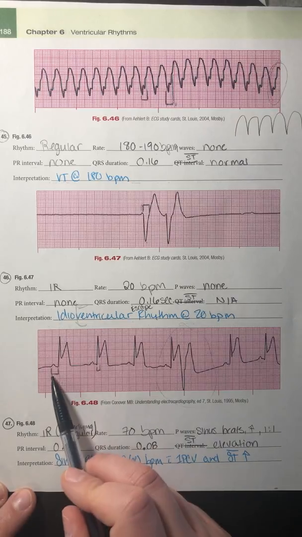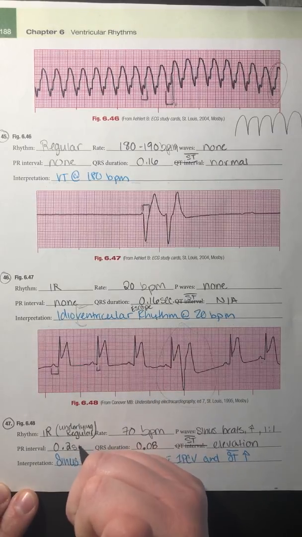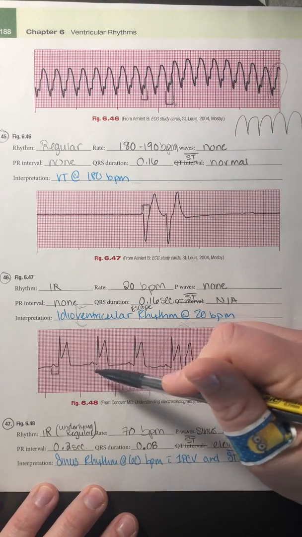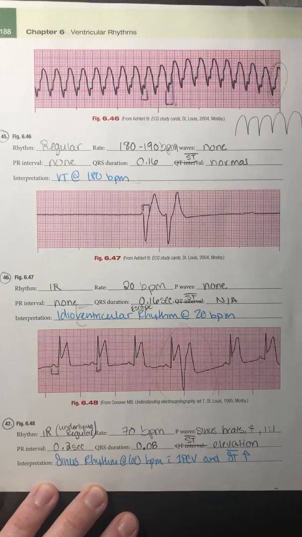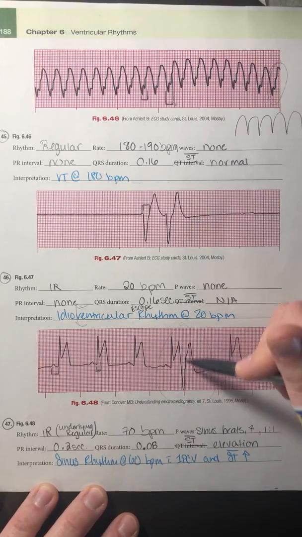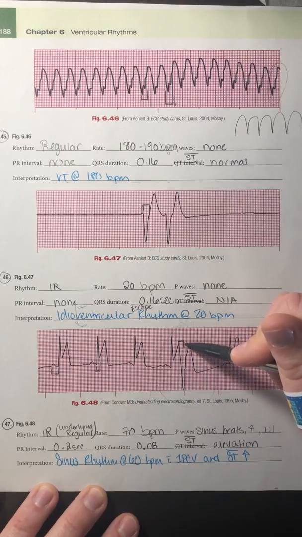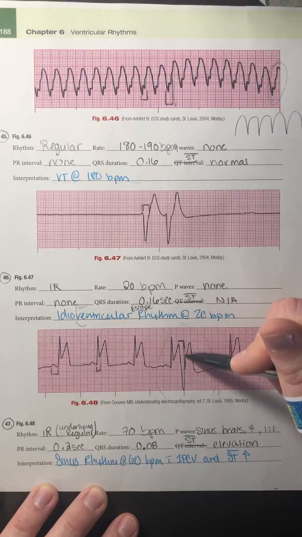My PR interval I measured here, it is 0.2 seconds, which is long, but is still within normal limits. My QRS for my sinus beats is narrow, only measuring 2 blocks. And then we can tell just by looking at this guy that it's pretty wide. It does measure out to be at least 4 blocks long. So my QRS, it's right there.